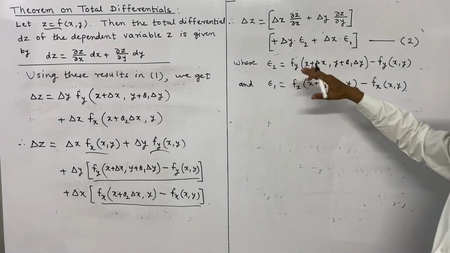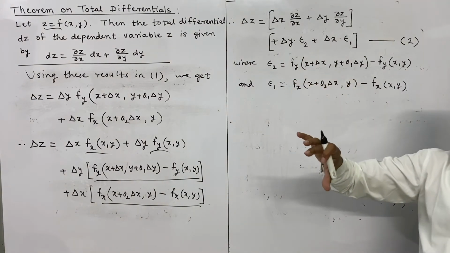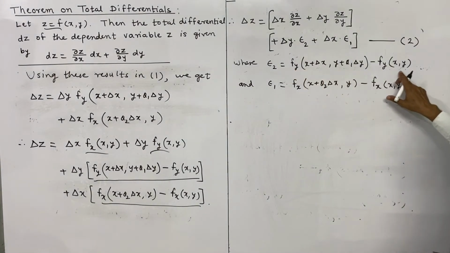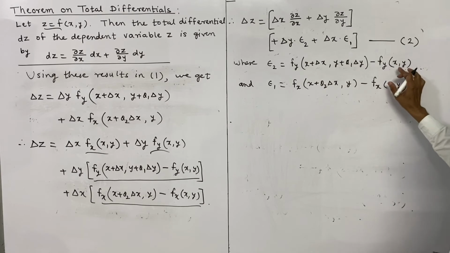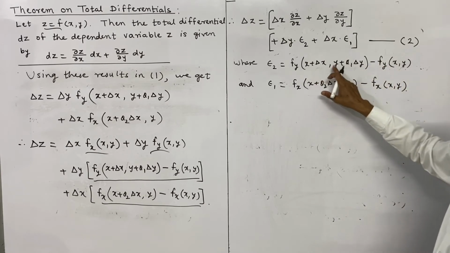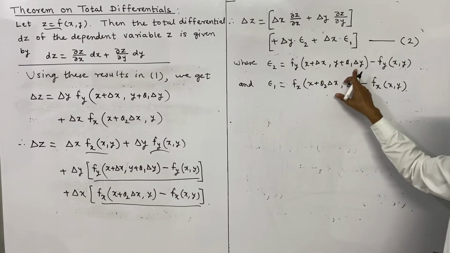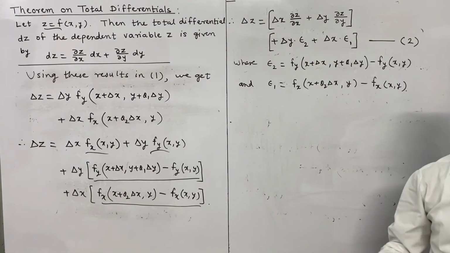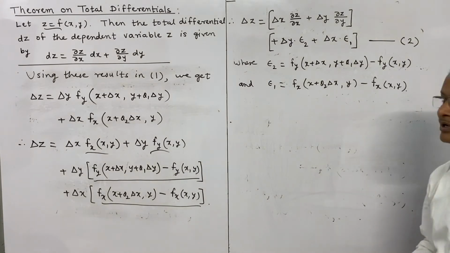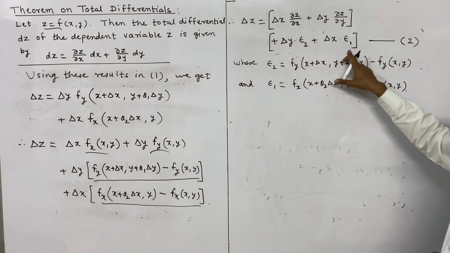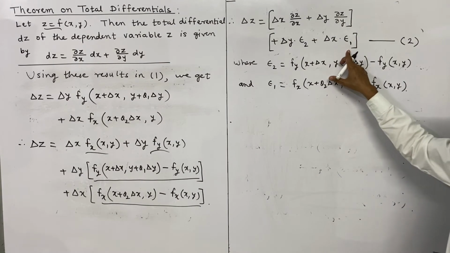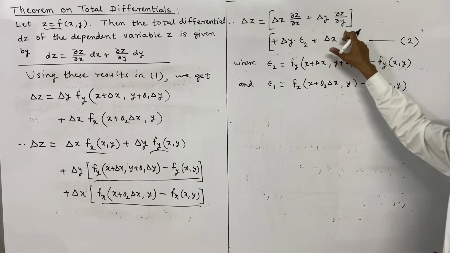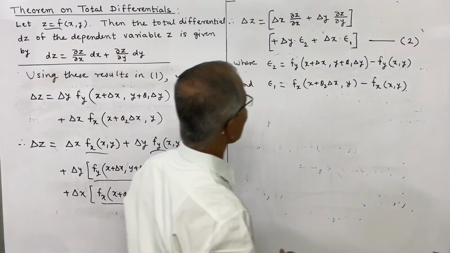As the changes delta x and delta y are small, this quantity is small, and epsilon 2 is again in terms of the change from x, y to x plus delta x, y plus theta 1 times delta y. Again this difference will be very small. So small quantity into small quantity will again be a small quantity, and therefore this is an infinitesimal value, and only the principal part we shall consider, which is the first bracket on the right side of 2.